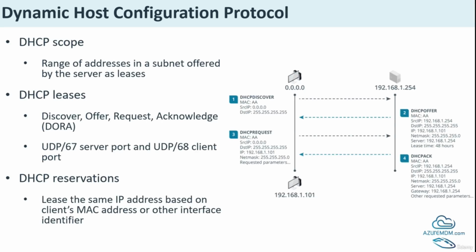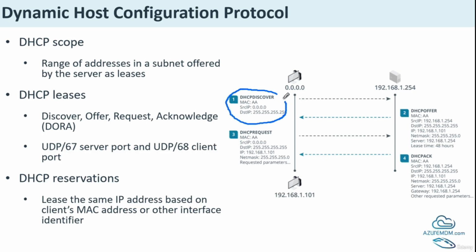You can see in this diagram, it shows the 4-step DHCP process for a device with MAC AA getting an IP address. DHCP Discover: the device broadcasts DHCP Discover to find a DHCP server.